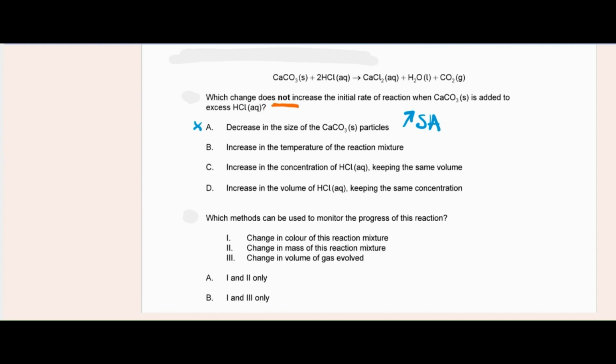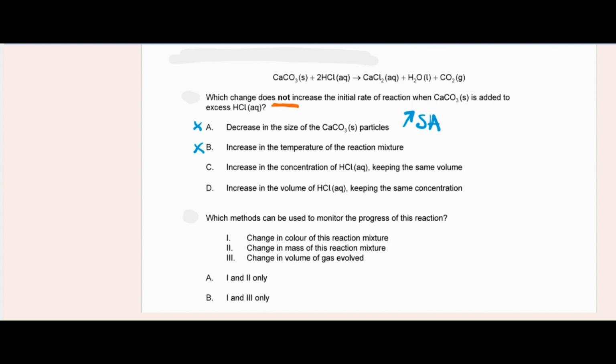Increase in the temperature of the reaction mixture, well, that would just mean that the particles on average have more kinetic energy, so it won't be B. Increasing the concentration of hydrochloric acid, keeping the volume the same.